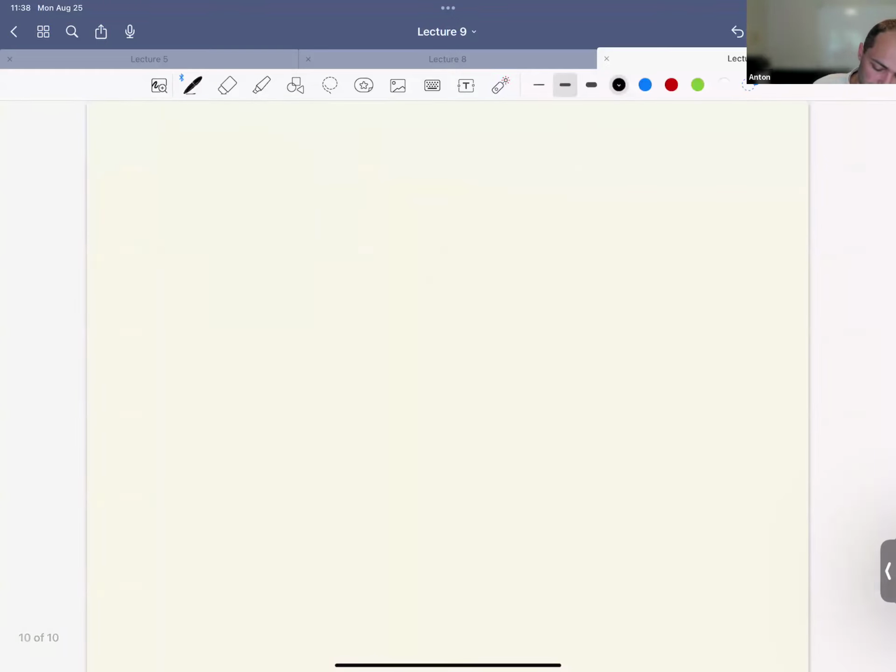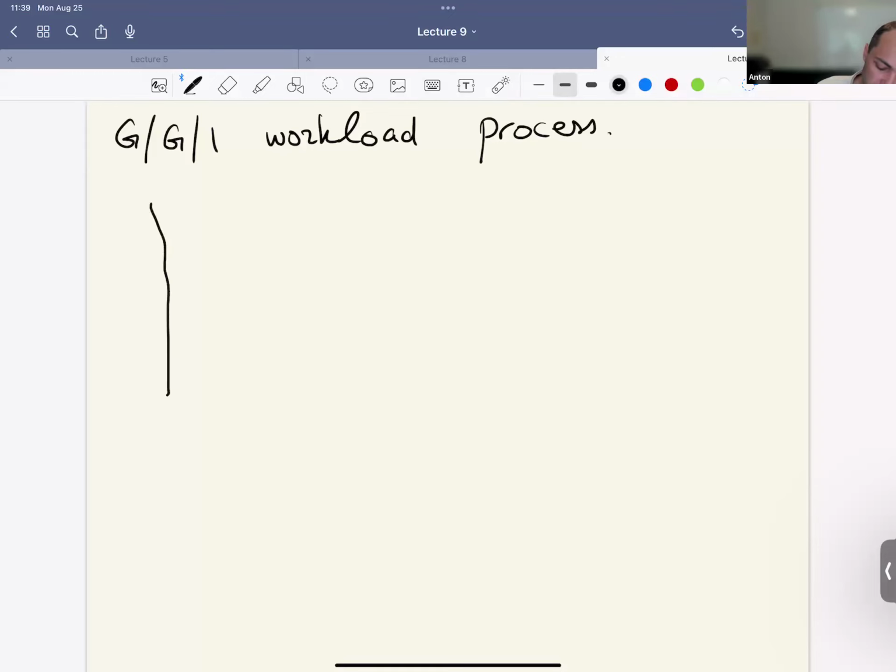All right. So to motivate our discussion, I would like to look at the GG1 work, and Ziv has already seen a lot of this because this is based on stuff we're working on together. Sorry, Ziv. So here I want to talk about the workload process. Okay. And what does the workload process look like? We can talk about the queue length.